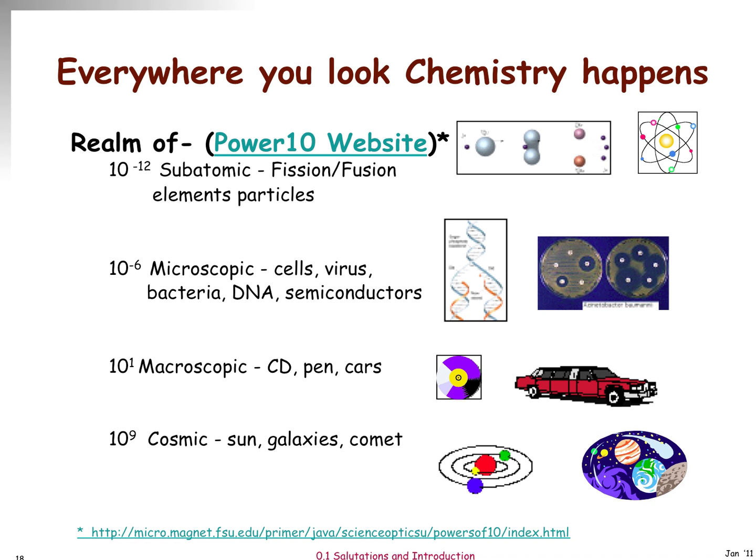That's the microscopic world. Our world, the macroscopic world, is about centimeters to meters. That's the length of the things that we see. And then as we expand that, we hit the cosmic scale, and that's the size of the sun, galaxies, and comets.